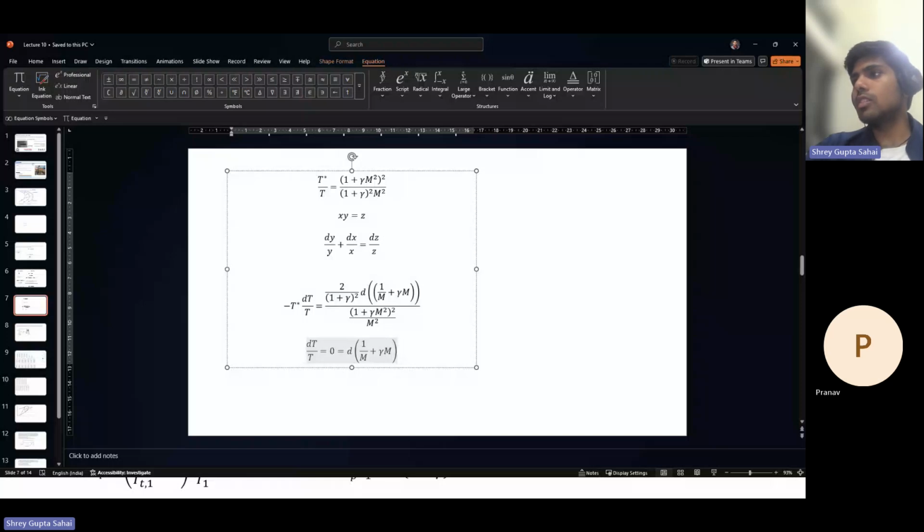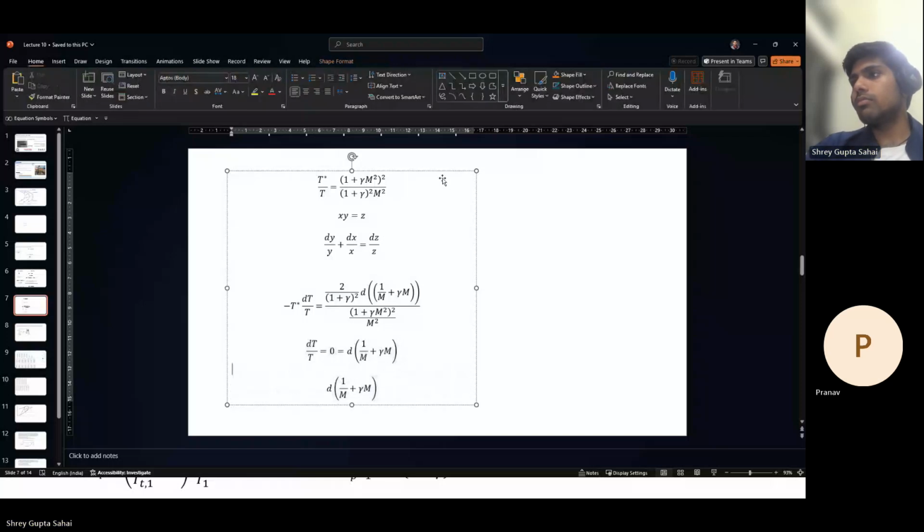We can actually go further to write that minus 1 by M square dM plus gamma dM is 0, isn't it? Can we write that? Is this okay?